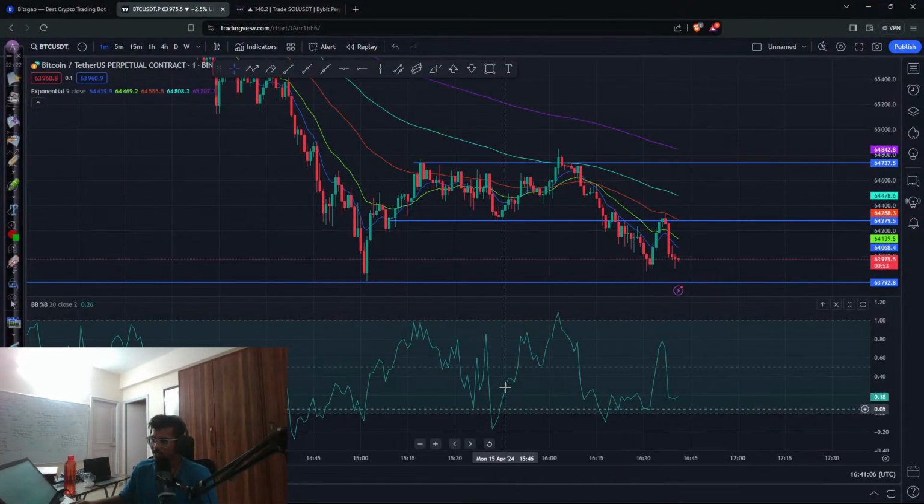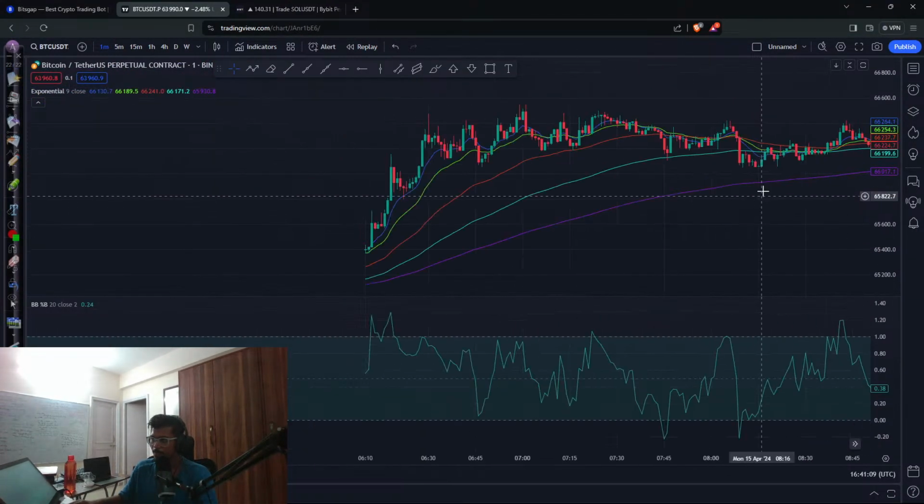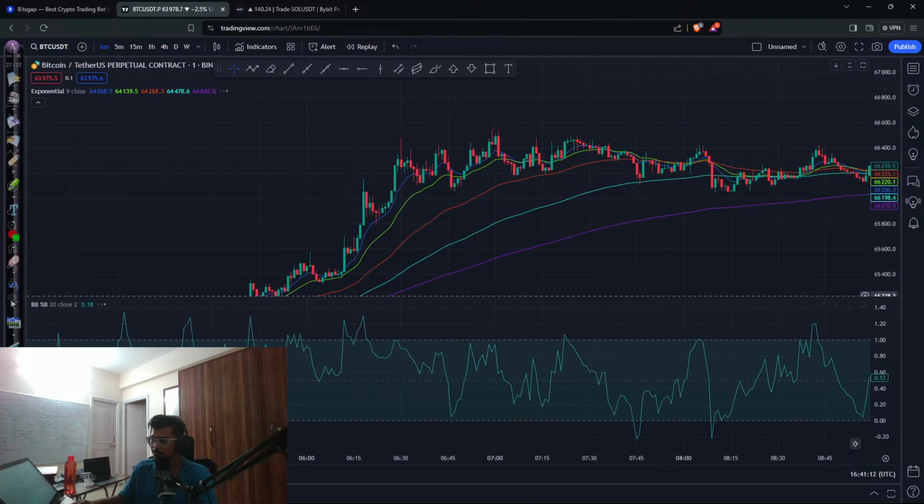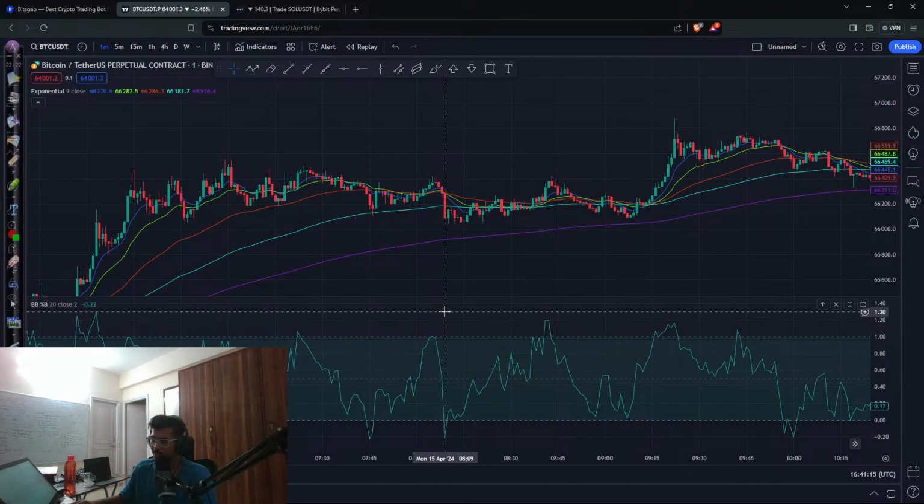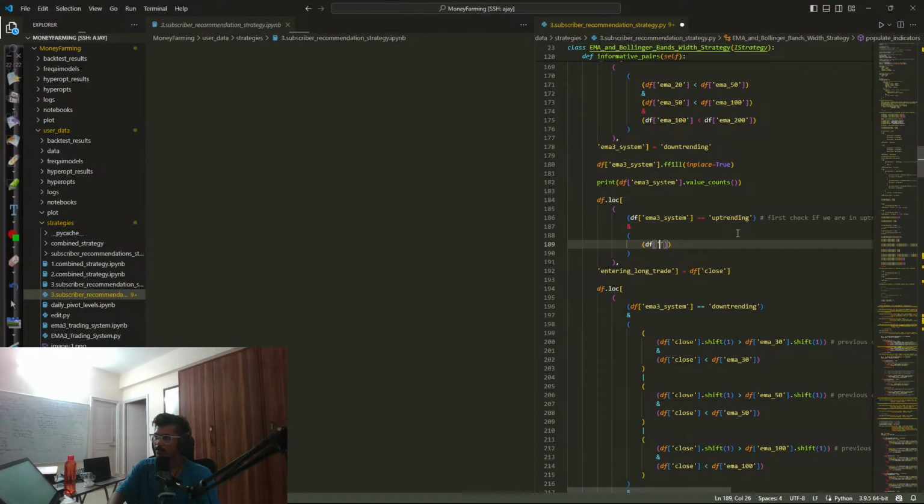So what I want is, as this is my uptrend, if the market dips down like this, below 0, I want to check if my B bands percentage B width is less than 0.0. Yeah, you can say it's basically the ending of lower high, lower low, and figuring out top and bottom.